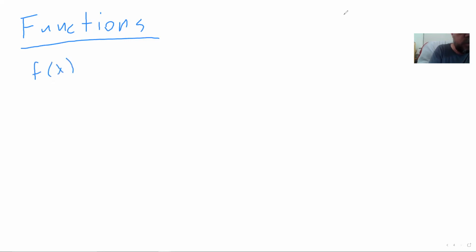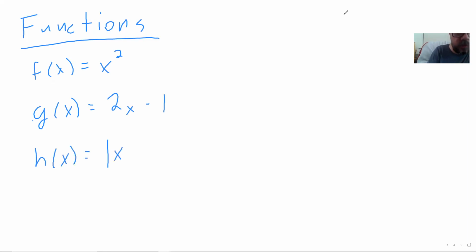Functions: something like, let's say, f of x equals x squared, or g of x equals 2x minus 1, or h of x equals 3 times absolute value of x plus 4, right? Those are all perfectly legitimate functions because whatever I put in for x, I'm going to get out the same thing every time. If I put 2 in for x here, I get 4. If I put 2 in for x again, I don't suddenly get something else. It's still 4.